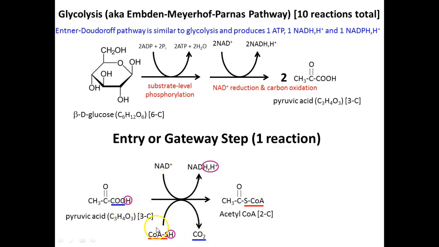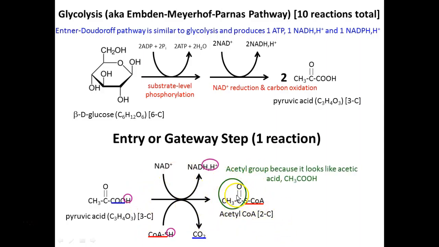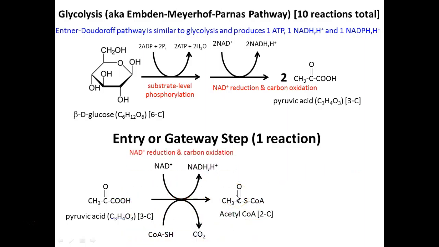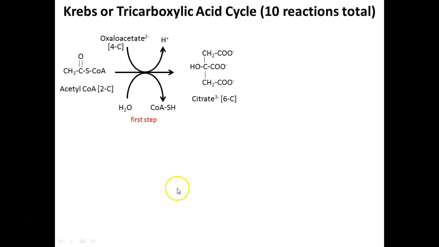So now it's carbon dioxide, and then the movement of the hydrogen ions and the electrons. The acetyl group is why it's called that. And so then we enter into the Krebs cycle. Here, acetyl-CoA combines with oxaloacetate, a 4-carbon molecule, which forms back a 6-carbon molecule known as citric acid.